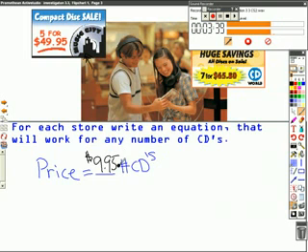So now what I want you to do is to take a minute, and this is all for Music City. So what would the equation be for CD World?